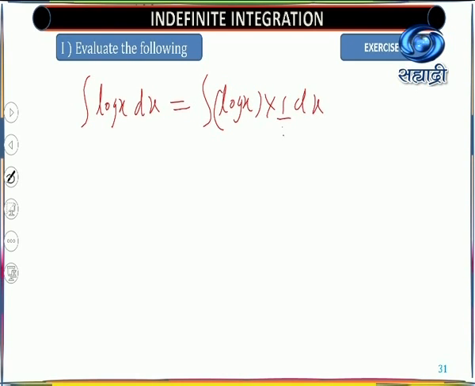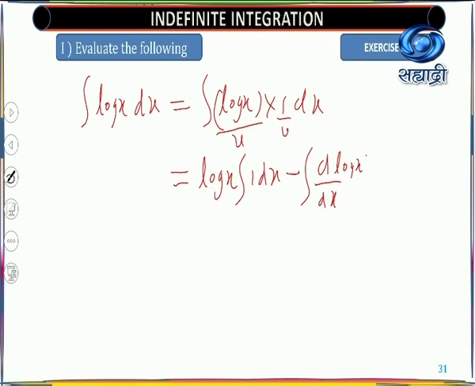Now this 1 is v, and log x is u. So by using that, you know that it is log x into integral of 1 dx minus integral of the derivative of log x into integral of 1 dx, and whatever is the result, you integrate it again.